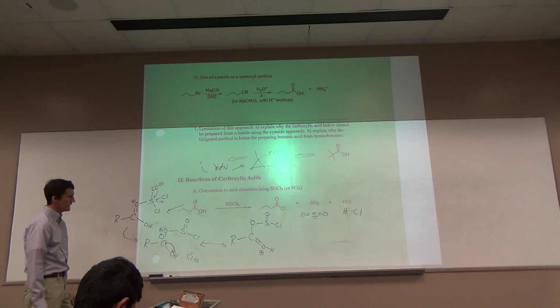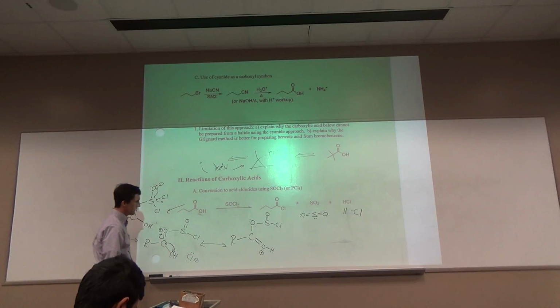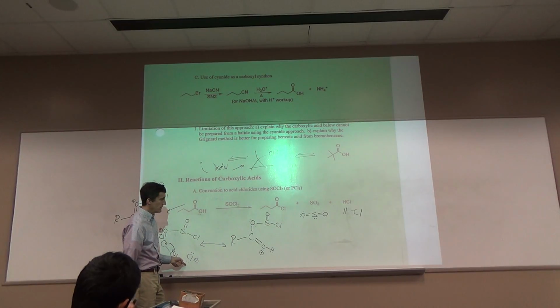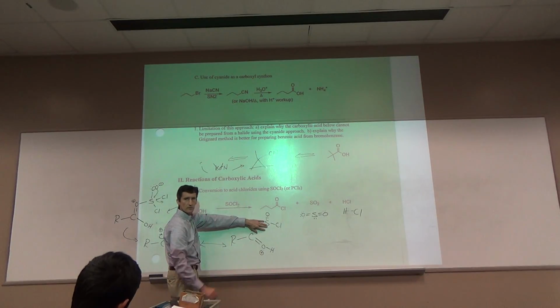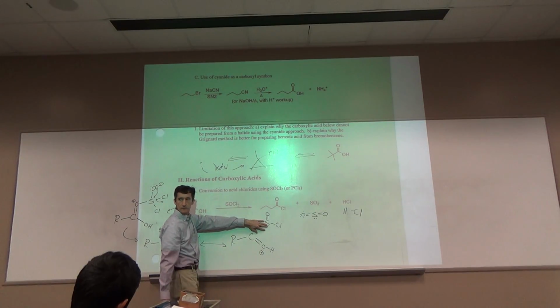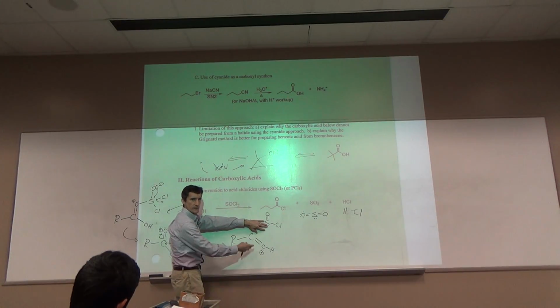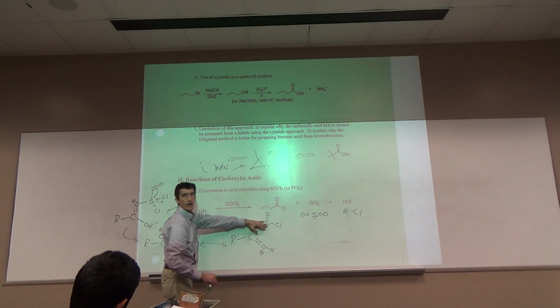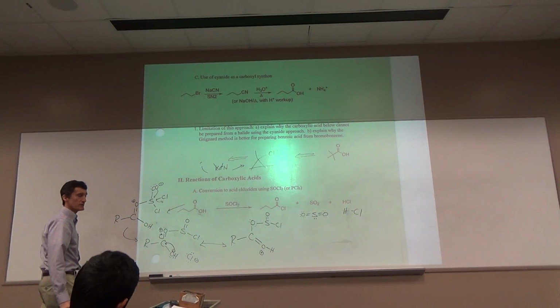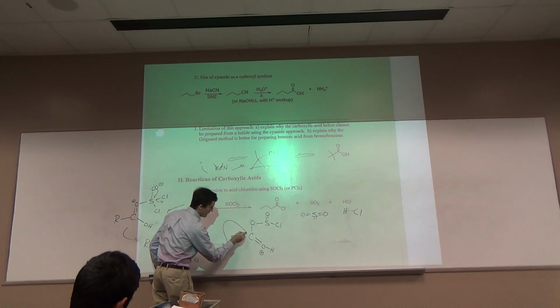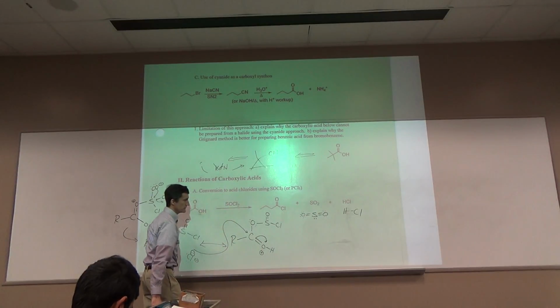Ultimately, what are we trying to accomplish? We want a chlorine bonded to that carbon. Well, we have a chloride. Look at it. It's an upside down carbonyl. Not only is it a carbonyl, it's protonated. So the oxygen's positive. Have we ever talked about protonating carbonyls? Yes, about 20 minutes ago. Look at that. It's a protonated carbonyl. Boom. Give the oxygen what it wants.